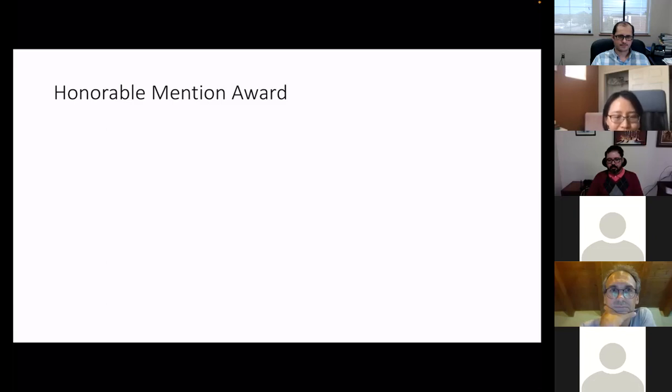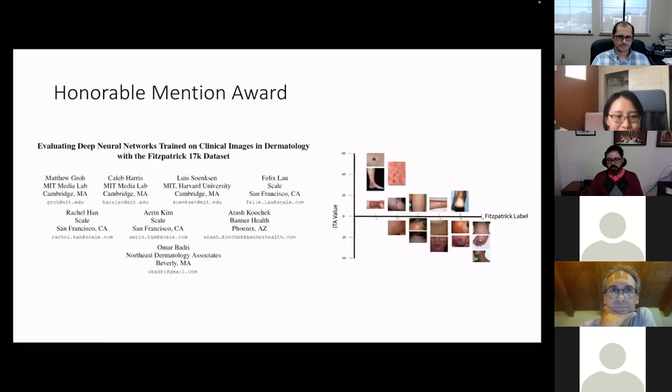Having said this, the Honorable Mention Award goes to the paper Evaluating Deep Neural Networks Trained on Clinical Images in Dermatology with the Fitzpatrick 17k dataset, which we believe will bring some disruptive things to this field with this idea of different skin tones. And congratulations for this award.